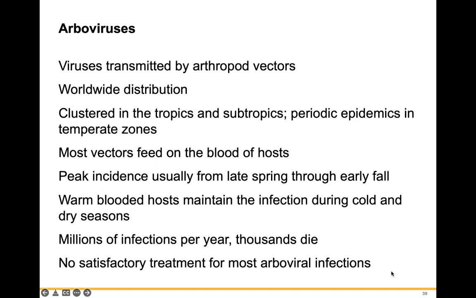And most vectors will feed on the blood of the host. We do see millions of infections per year, mostly in developing countries or in those tropical areas, and we do see thousands of deaths each year. There is no satisfactory treatment for most arboviral viruses.